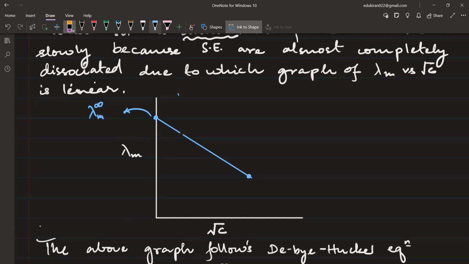Let us suppose that till here there is some electricity flowing, and after that we are not able to measure it. Then we can get this particular graph by extrapolation.